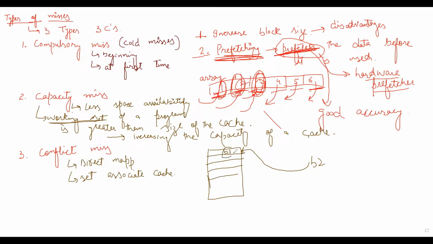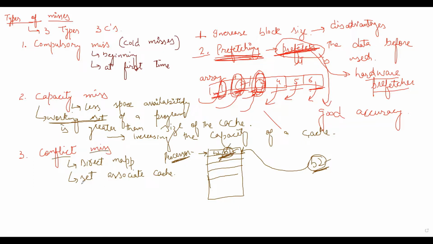So there is a conflict between these two blocks. My processor needs block B2, but in the cache at that location there is block B1. Because of the conflict between B1 and B2, I was not able to keep B2 in this location. When my processor needs B2, I will receive a miss, and I will replace B1 and keep B2 here. Because there was a conflict between B1 and B2, there was a miss. This type of miss is a conflict miss.